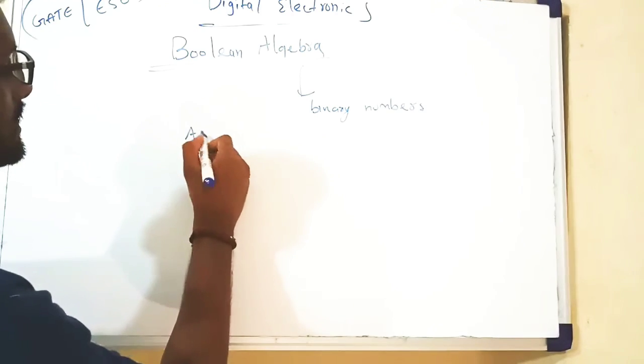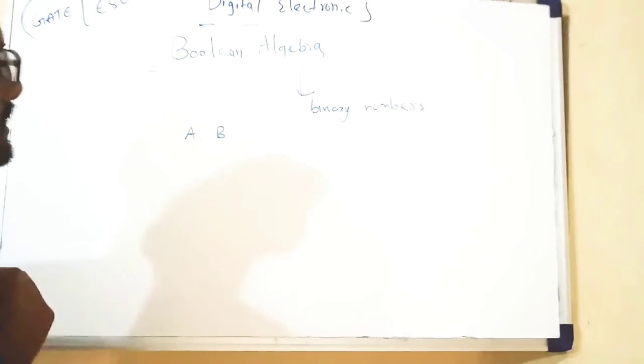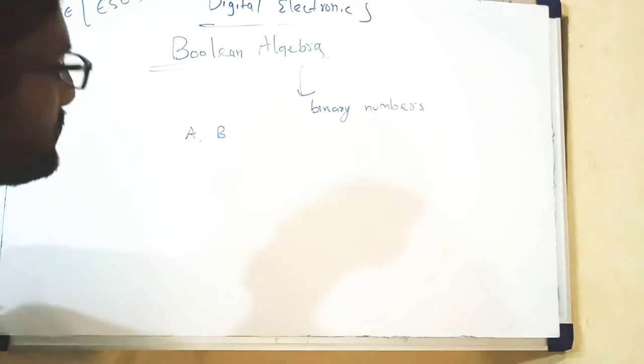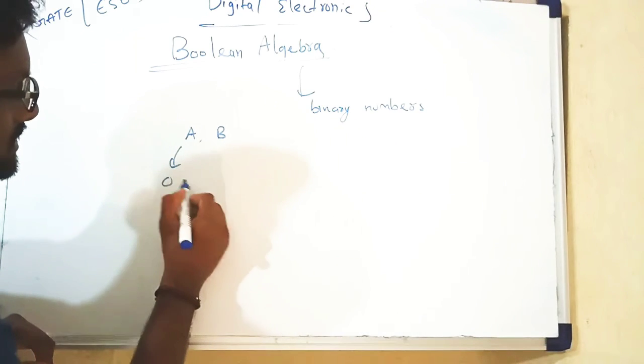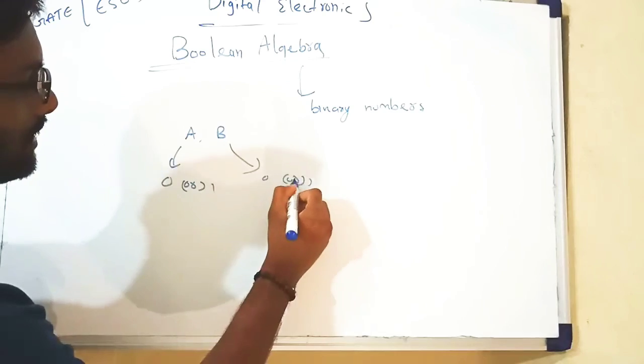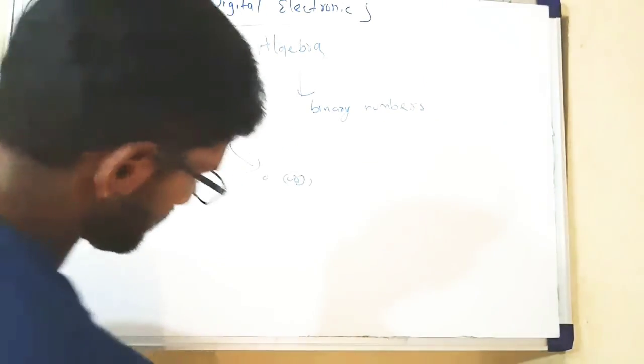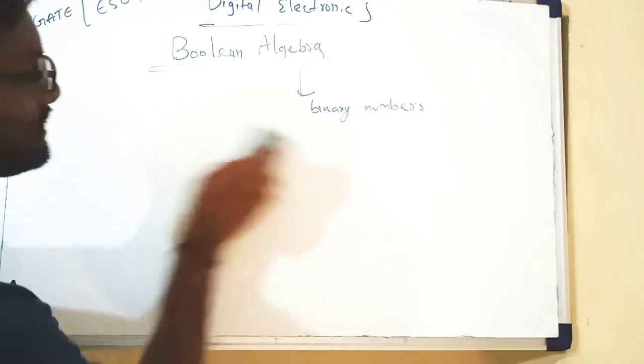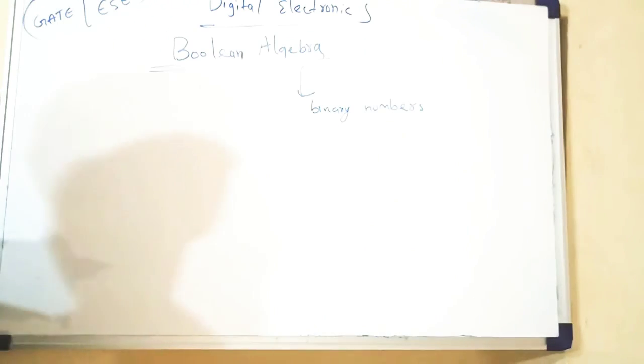If I am taking A, B as two numbers, these are by default binary numbers. That means the value of A will be either 0 or 1. B also is either 0 or 1. These are not decimal numbers here.